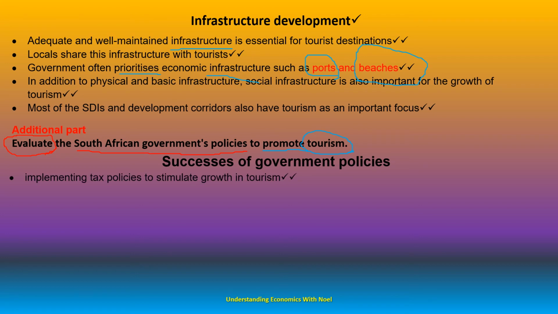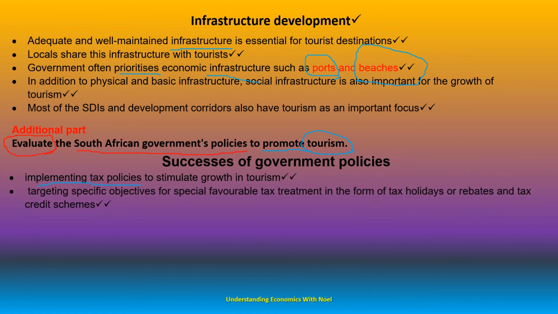So government has managed to implement the issues of tax. And through this tax, the growth of tourism has actually been successful. Targeting specific objectives for special favorable tax treatment in the form of tax holidays, rebates, tax credit schemes.